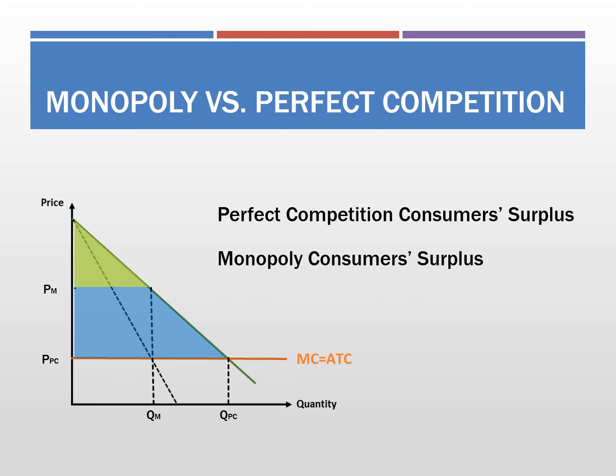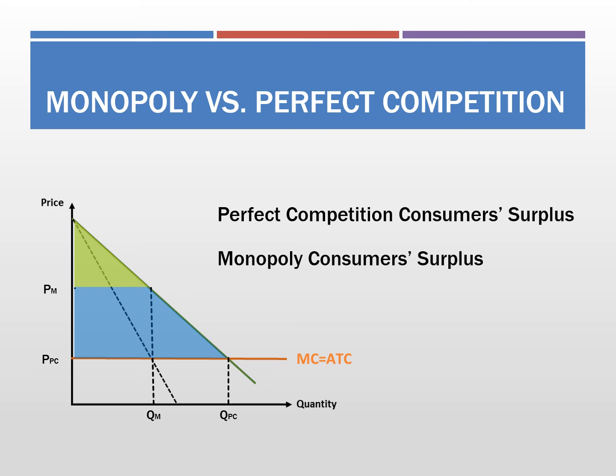Now, if we think about the monopoly market, where the firm is going to produce where MR equals MC, which is the output level QM, and charge a monopoly price PM in the market, the consumer surplus is going to reduce to this green triangle on the top. So obviously, there is a significant decrease in consumer surplus in the market.